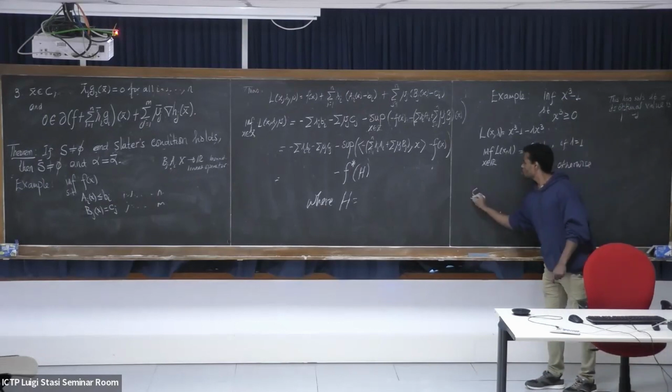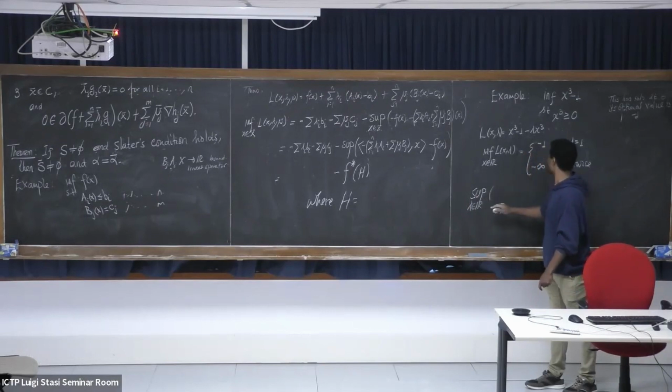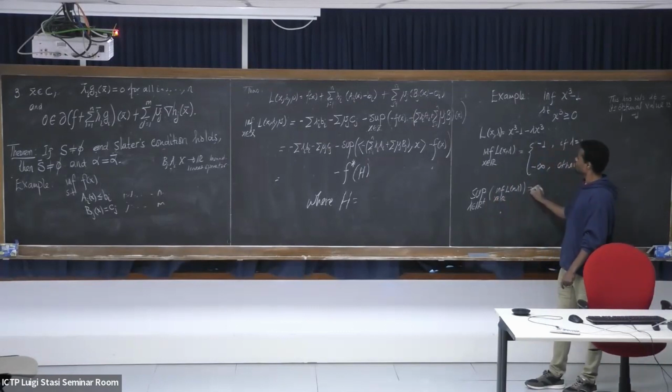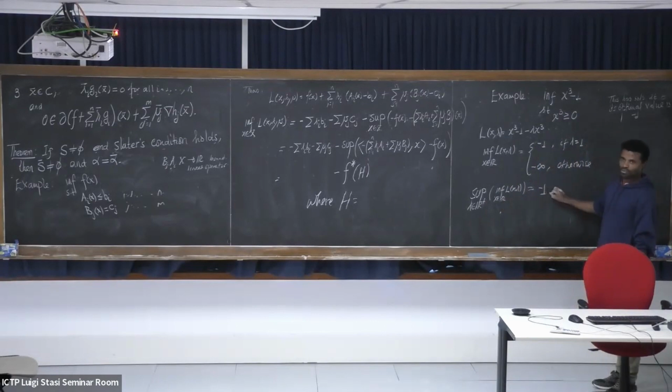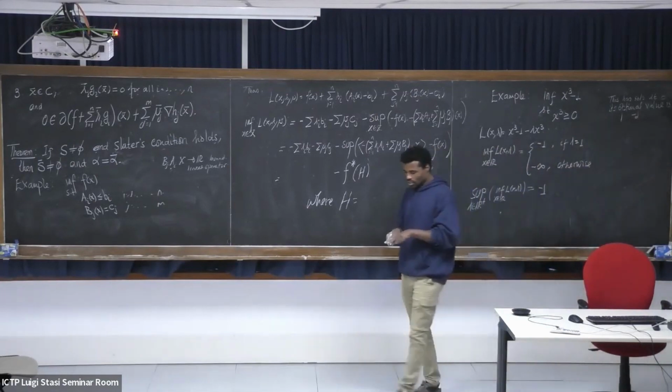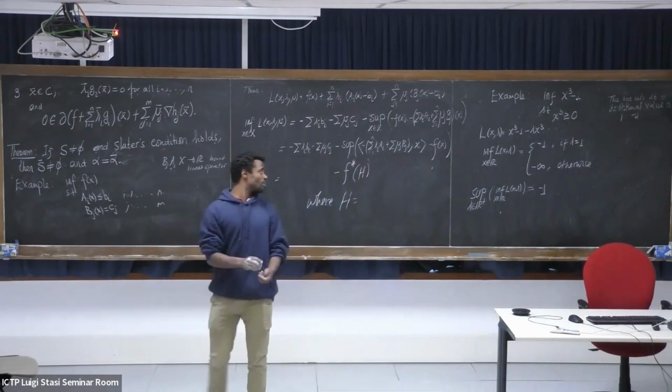So what is the supremum over lambda, an element of R plus, right? R plus is that. This is equal to -1. So the optimal value of the primal and the optimal value of the dual are equal in this case.